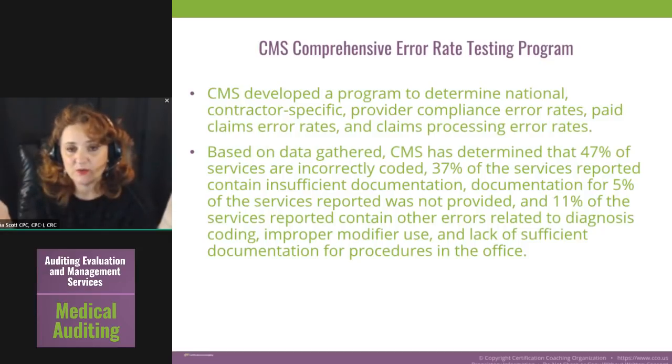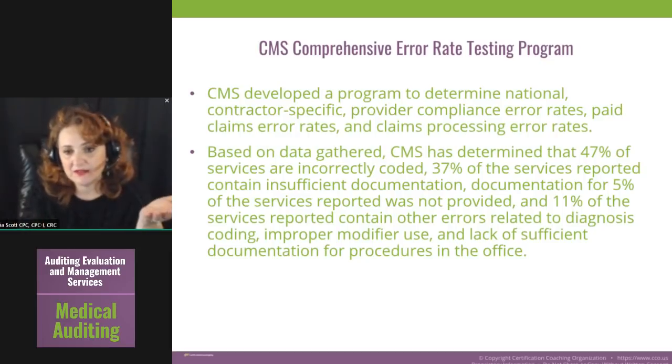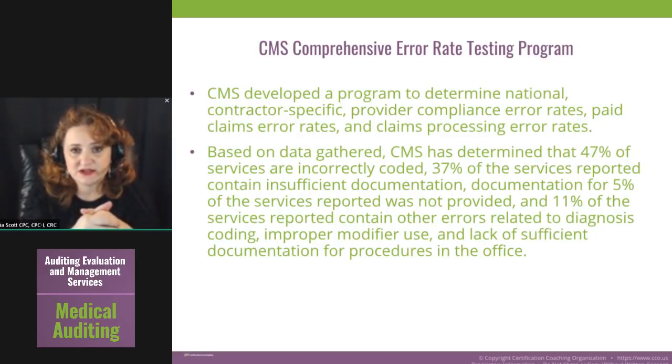So CMS has done the work and said, okay, these are the problems that we're seeing. You know, 47% was incorrectly coded. Wow, you know, and then we get down to the errors related to the diagnosis codes, which was 11%. You know, so what does that mean?